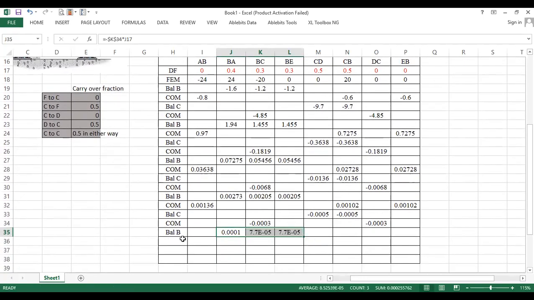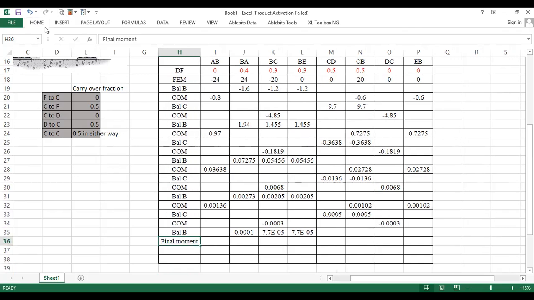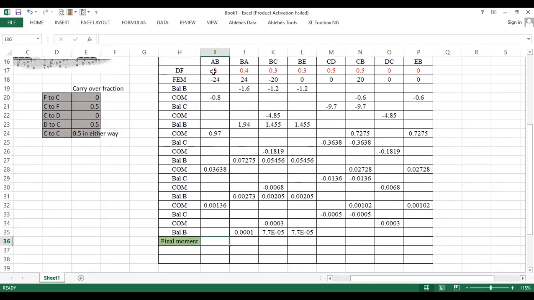So stop at the balancing step. Okay. So I can take the final moments. So don't now add these things in red color. Those are distribution factors, okay? Summation of each column. That's very simple.